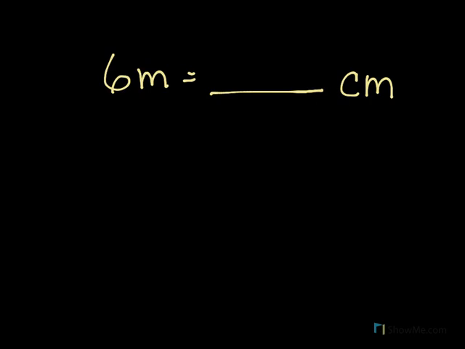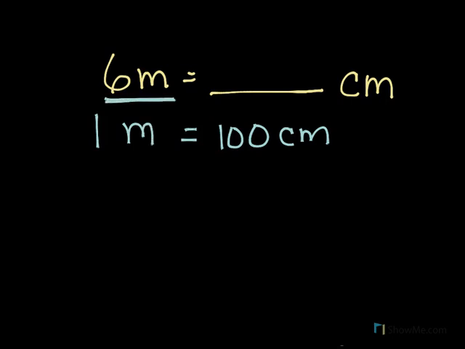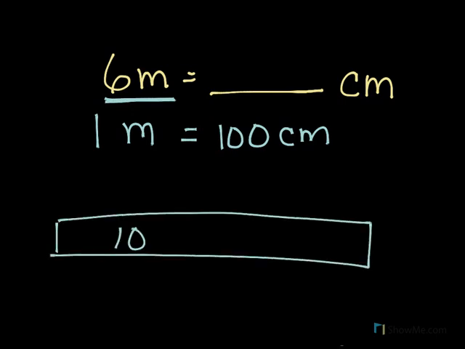So I know that there are 100 centimeters in just 1 meter. So if I have 6 meters, that means each meter has 100 centimeters. But I have 6 of those.